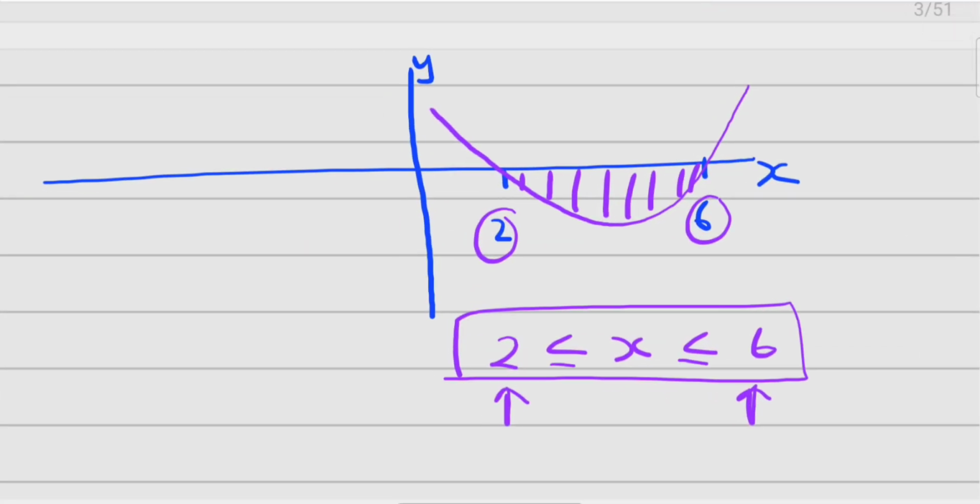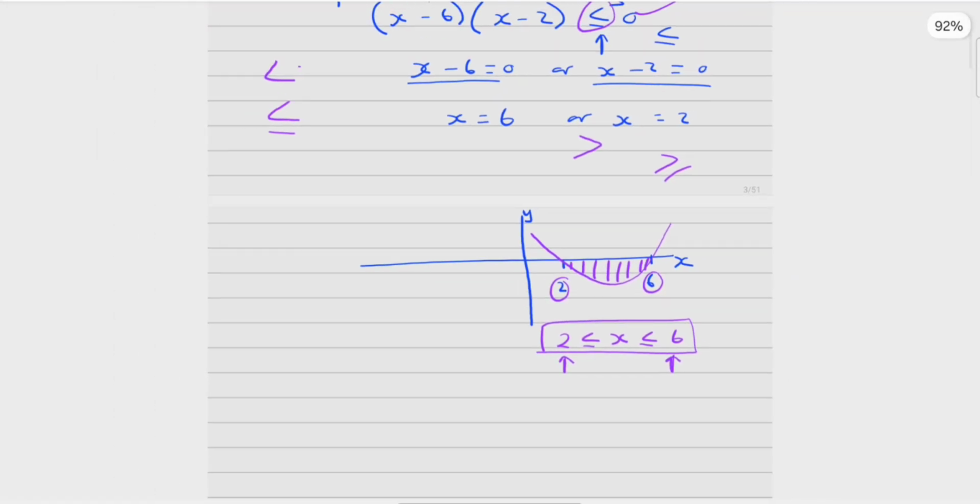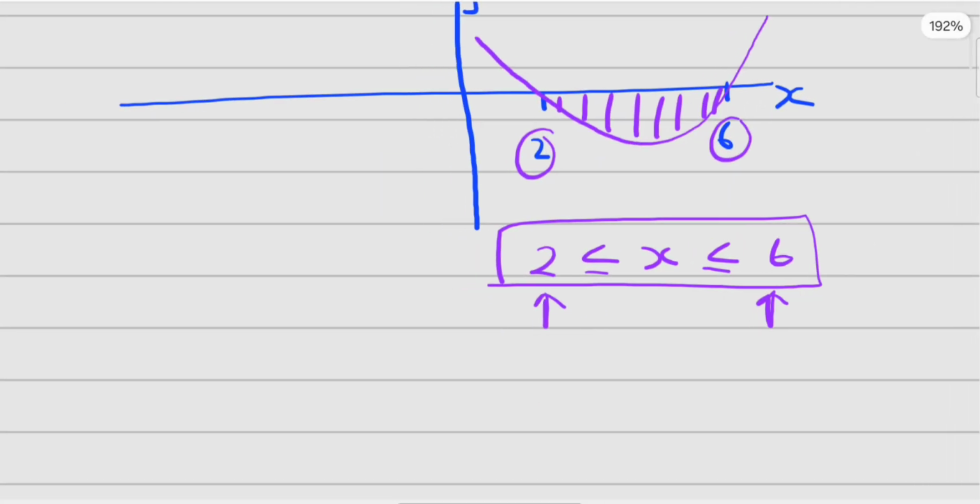So if you're given less than, it will be 2 less than x less than 6. And for this one, we have less than or equal to, so we put it like this. But basically what we're saying is we're going from 2 to 6. That's why we have this region.